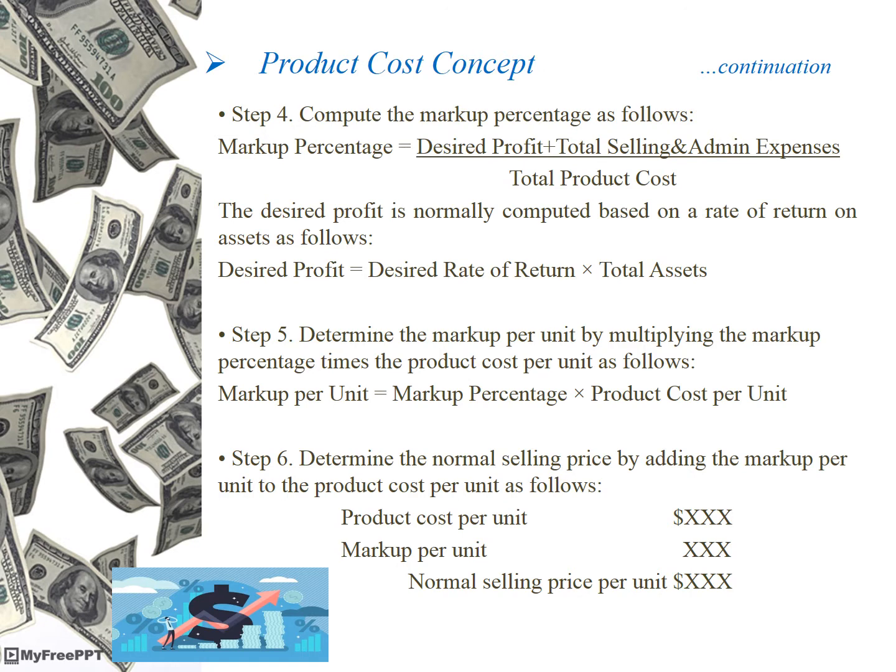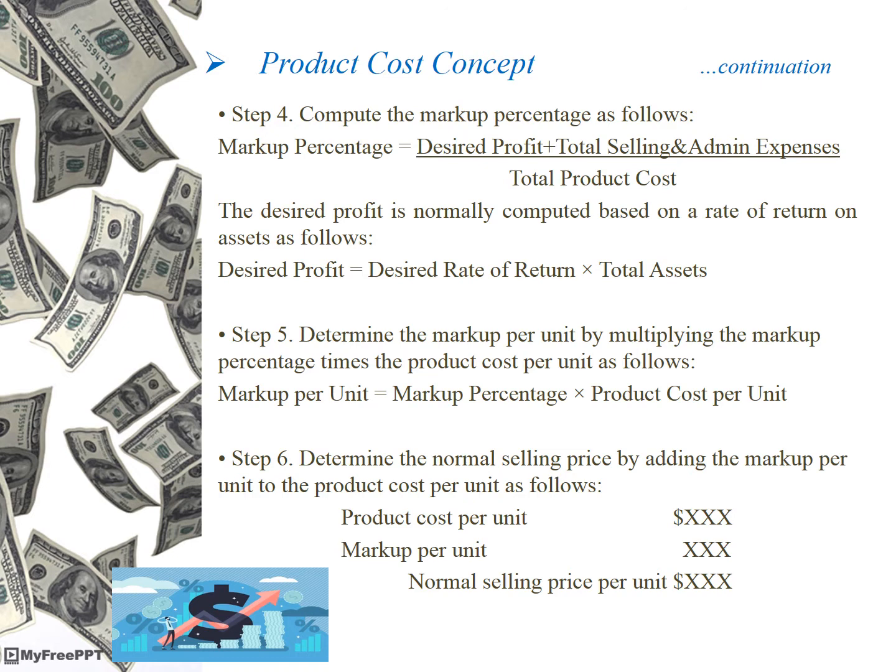These expenses must be included in the markup percentage because they are not included in the cost amount to which the markup is added. The desired profit is normally computed based on a rate of return on assets as follows. Desired profit equals desired rate of return times total assets.